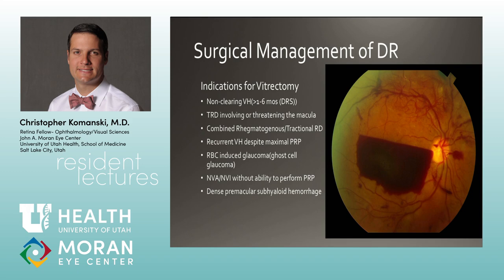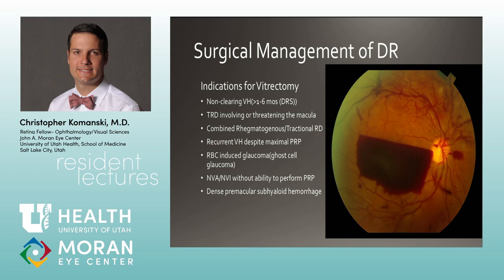It is not uncommon to have a patient with neovascular glaucoma or NVI or NVA, and they also have a vitreous hemorrhage. So you can't do PRP, and you may need to take them to surgery to remove the vitreous blood and get them adequate laser.